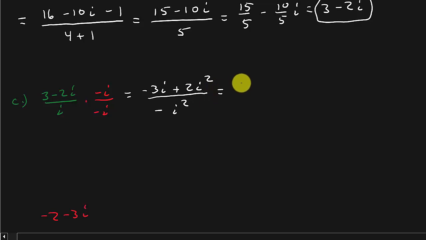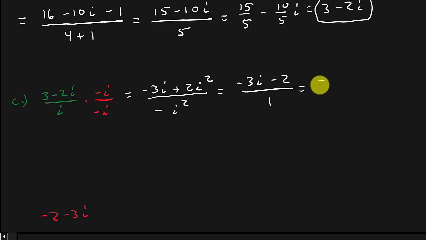And so this is -3i. Now this is +2 times -1, which is -2, over. Now i squared is -1, and the negative here, the negative and negative make it +1.